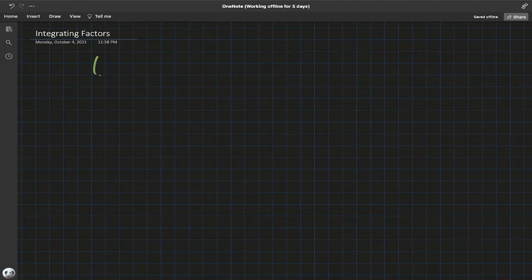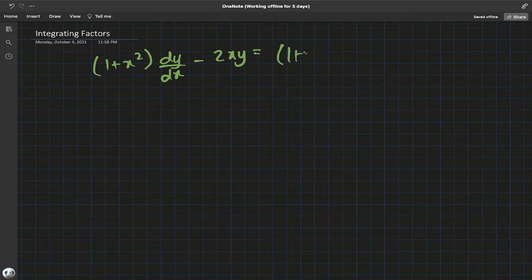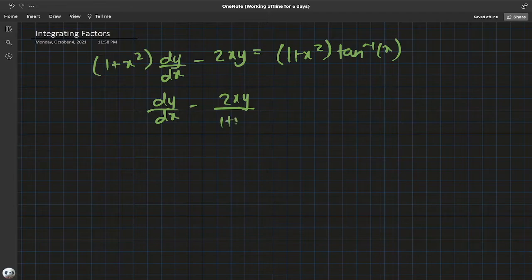An example of this, as I promised, is 1 plus x squared dy over dx minus 2xy equals 1 plus x squared times inverse tangent of x. Remember, in the original formulation dy over dx had coefficient 1 with it, so just divide by 1 plus x squared. So we have dy over dx minus 2xy over 1 plus x squared equals inverse tangent of x.